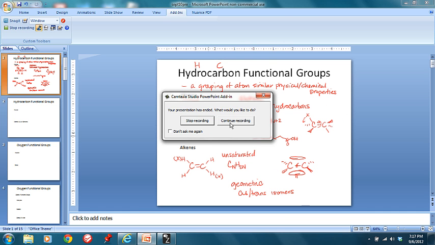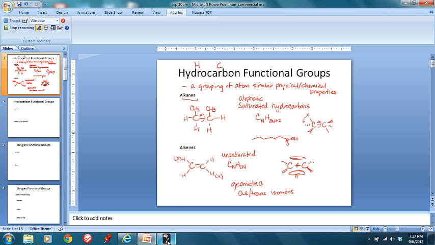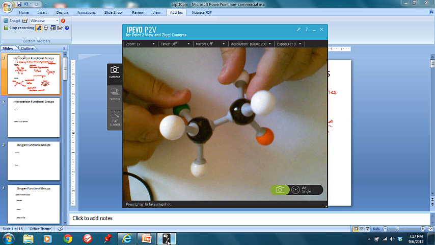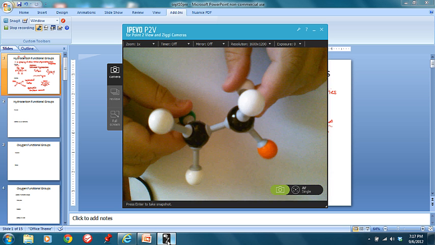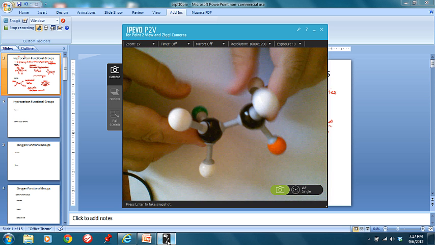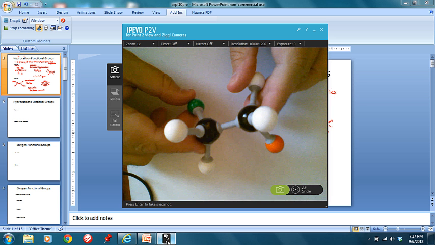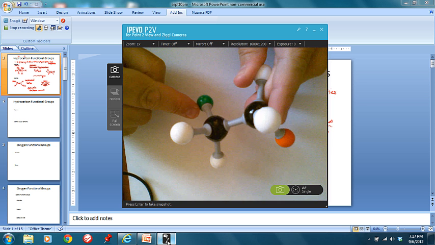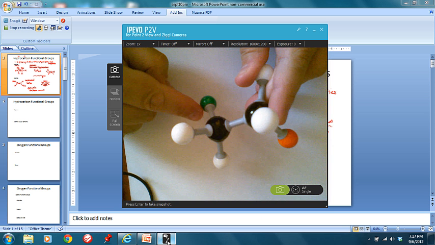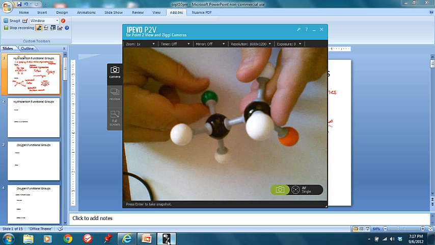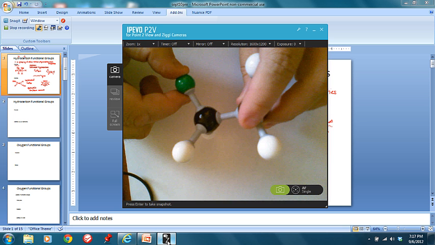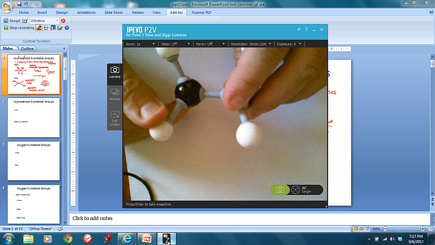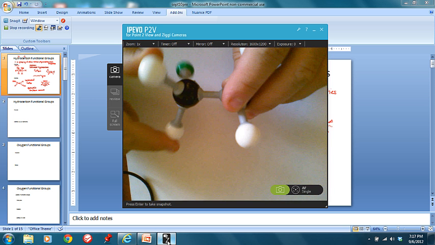So just to show you what I'm talking about in terms of free rotation, here's my little model of an alkane. What you can see is that if I want to rotate so that this green atom, let's say this is a bromine, moves to the different positions, in an alkane I have the ability to rotate it into the various positions.